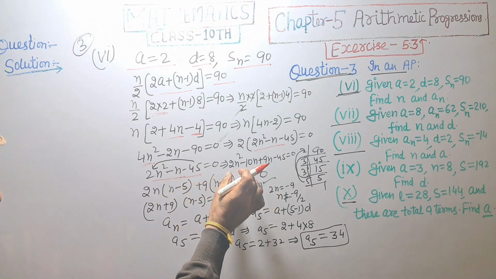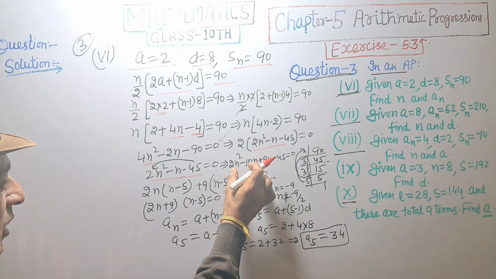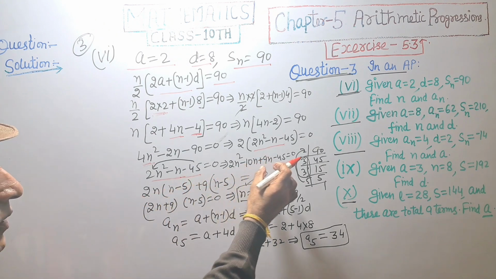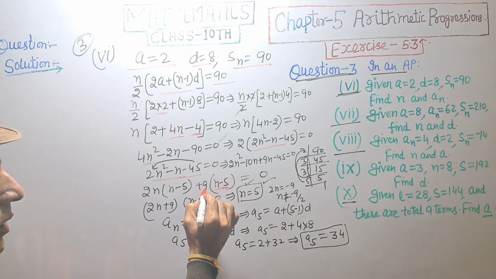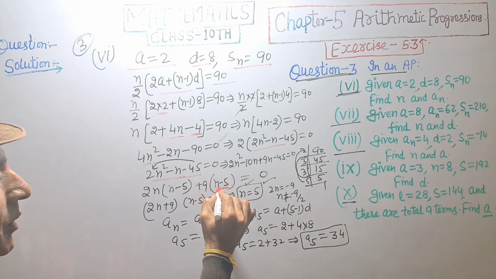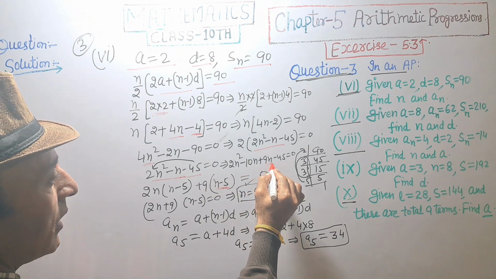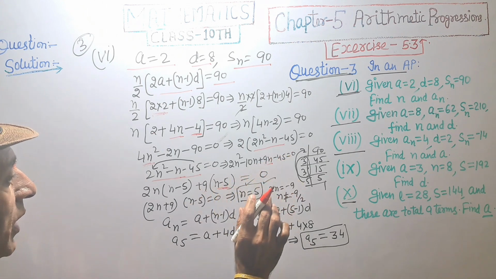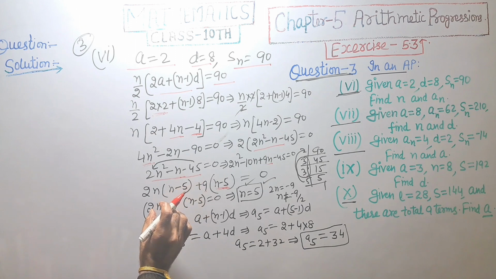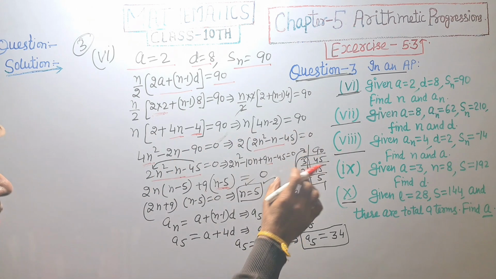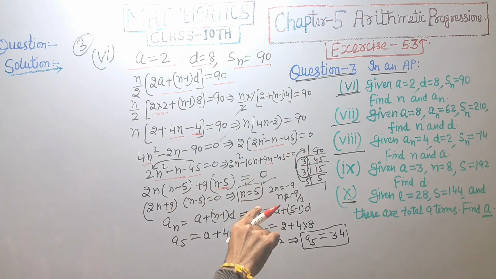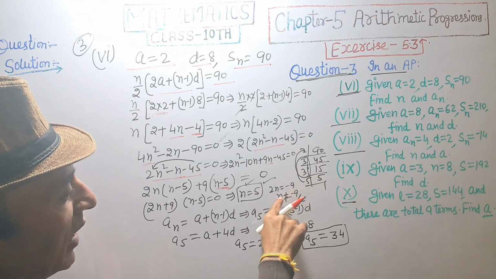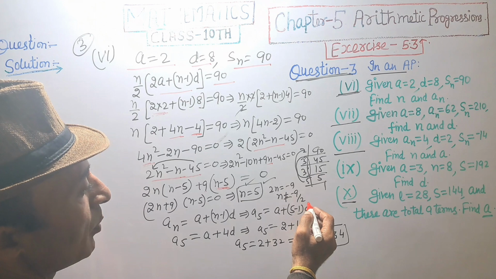Taking common 2n here, 2n into (n minus 5) and n minus 5 in bracket, multiply by 9, 9 multiply by n, that is 9n, 9 5s are 45, and n minus 5 common and equal to 0 means n is equal to positive 5, and 2n plus 9 equal to 0 means 2n equal to minus 9 and n is equal to minus 9 upon 2.